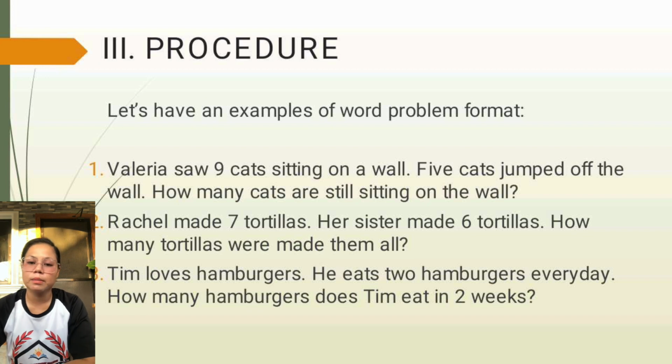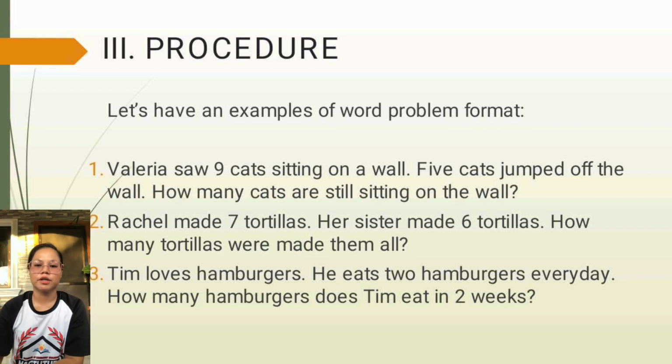So unya ang 5 daw ka iring kay nilayat. Nya ang iyang pangutana kay how many cats are still sitting on the wall. So meaning subtraction ang operation. So 9 minus 5 equals 4. So we get the result by subtracting the number.